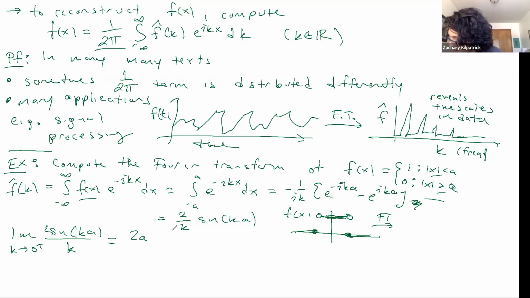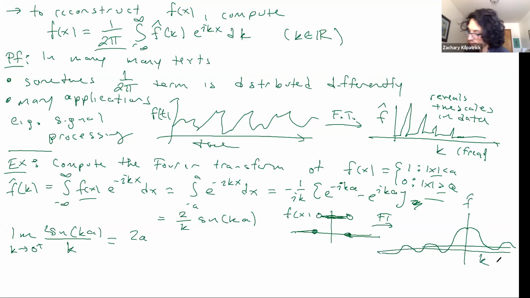So it'll be 2a, right? And then as you move away, it'll drop off. Okay, sorry about that. All right, so this is f hat as a function of k.